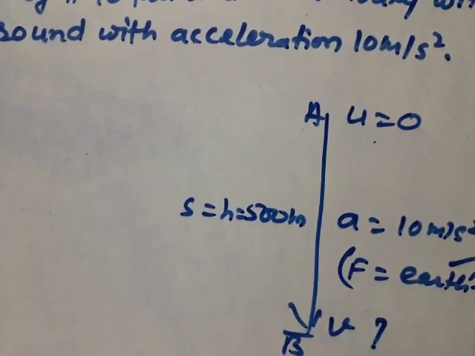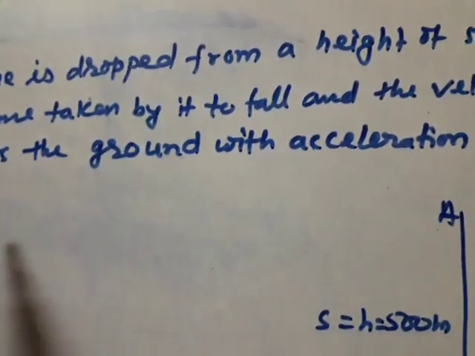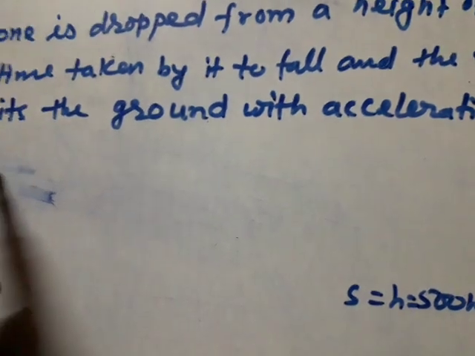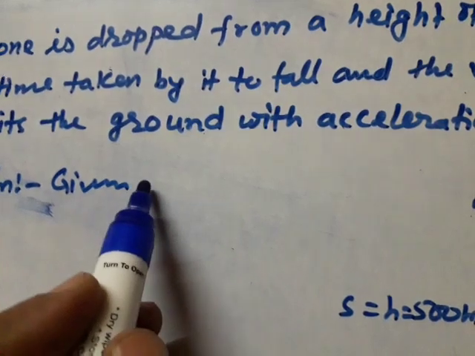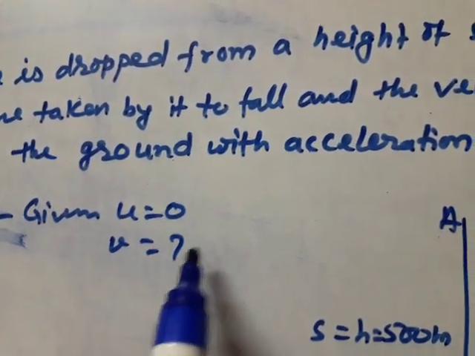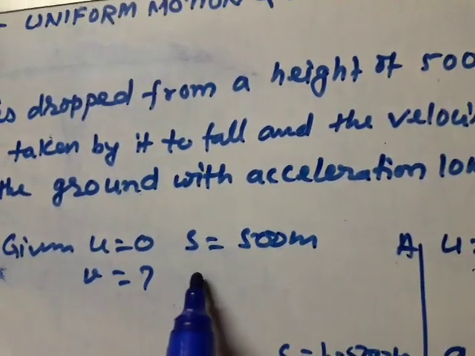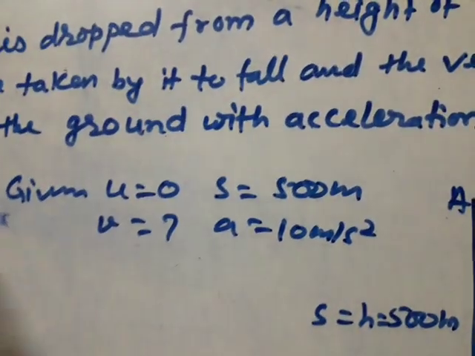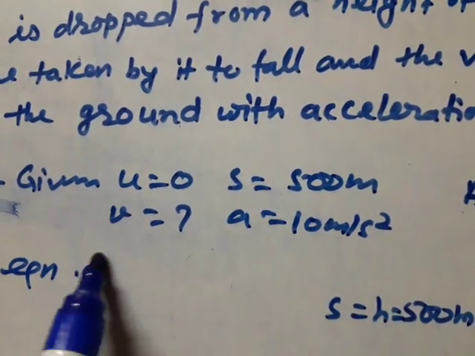So in this problem, solution given: u is equal to 0, s is equal to 500 meter, and acceleration is 10 meter per second square. Simply we apply the third equation of motion.